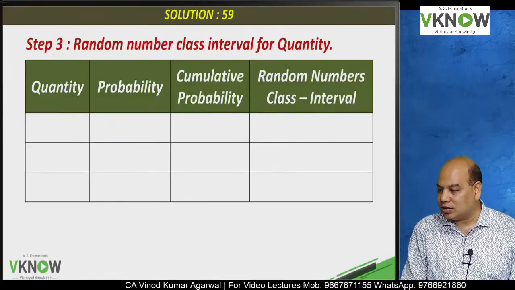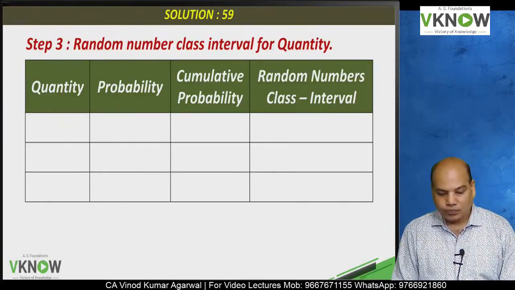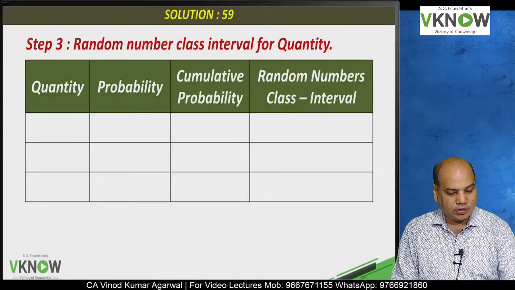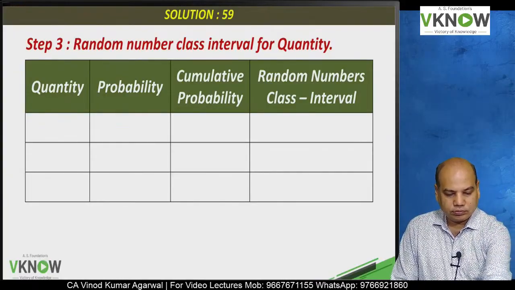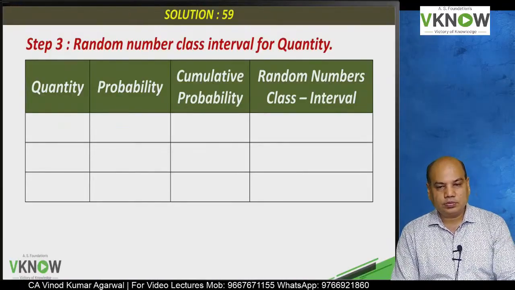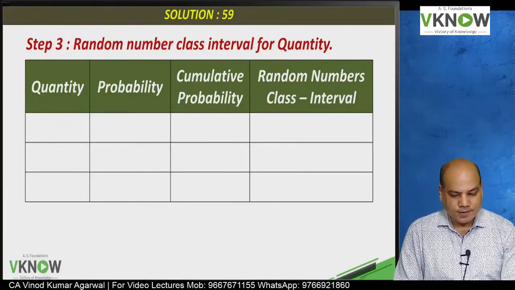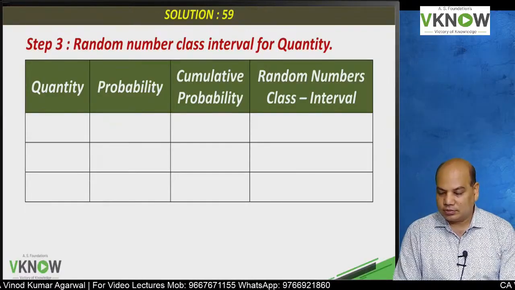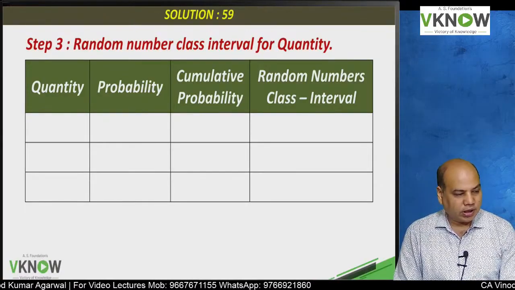Random number class interval for quantity. Quantity, probability, cumulative probability, and random number class interval.